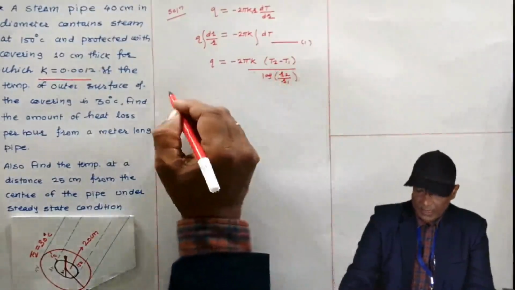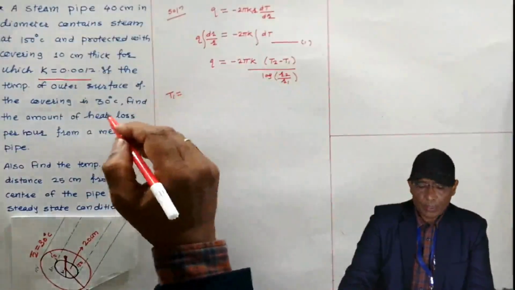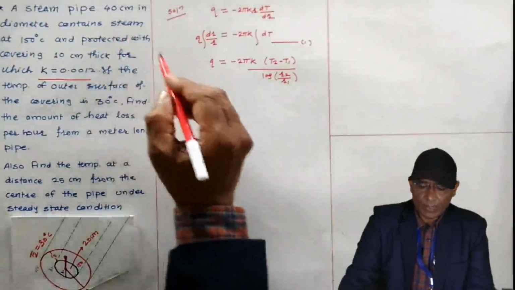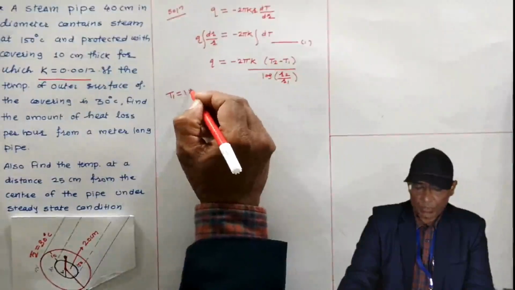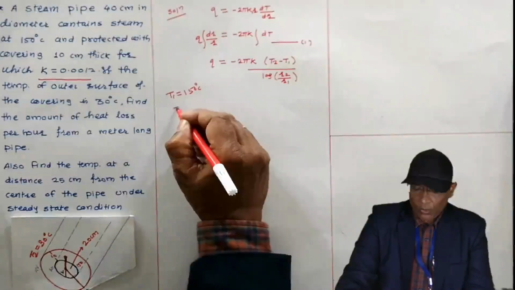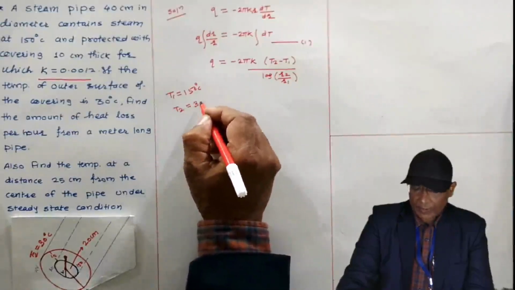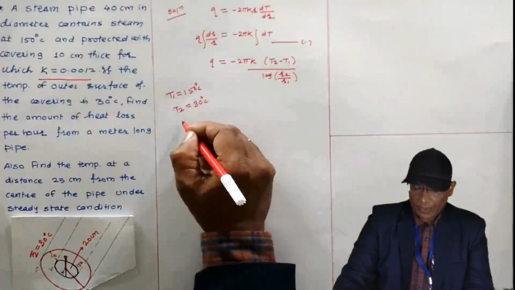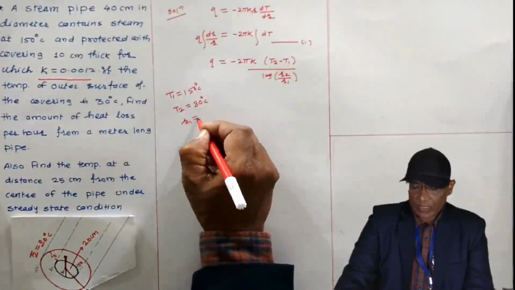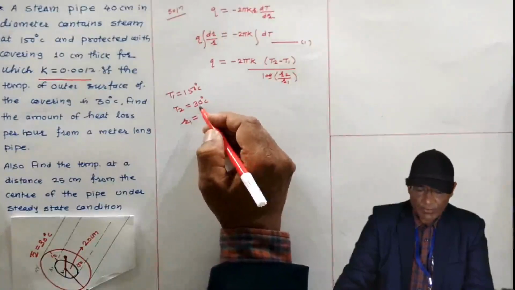See, here T1 is what? Temperature of the inner surface of the pipe, which is 150 degrees. Temperature of the outer surface of the pipe is 30 degrees centigrade. Here R1 is the radius of the inner surface, which is given to you.